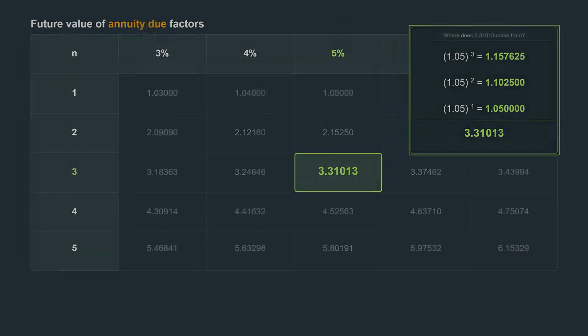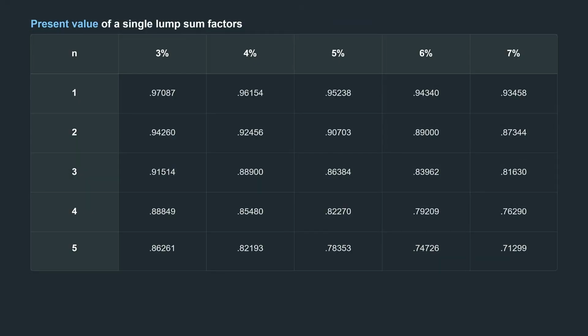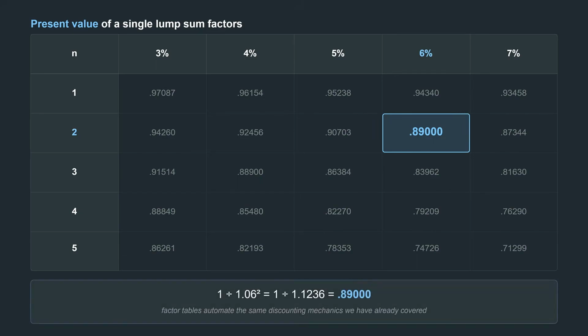And we can apply the same logic in reverse for present value. In a present value factor table for a single lump sum, the factor at 6% for 2 periods is 0.89. If we discount a cash flow for 2 periods at 6%, we divide by 1.06 squared.